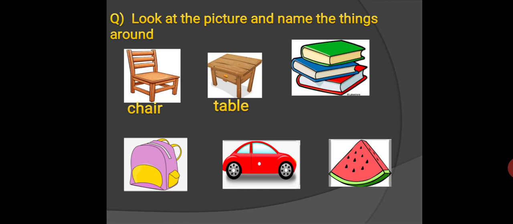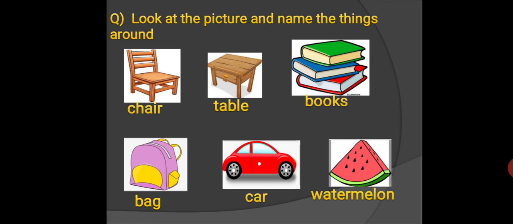This is a picture of a book. These are the 3 books. The next picture tells us about a bag in which we keep books. The next picture is a picture of a car in which you go to school. And last but not the least is a watermelon that you like the most.